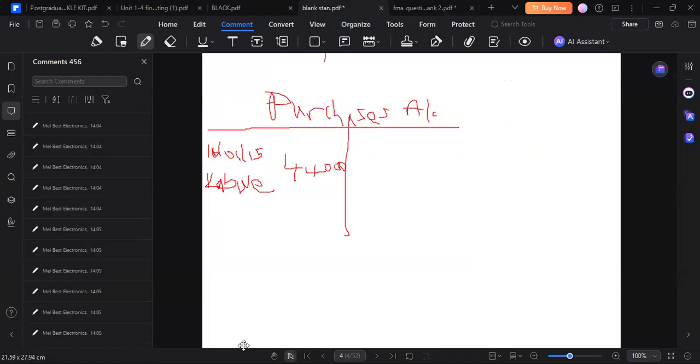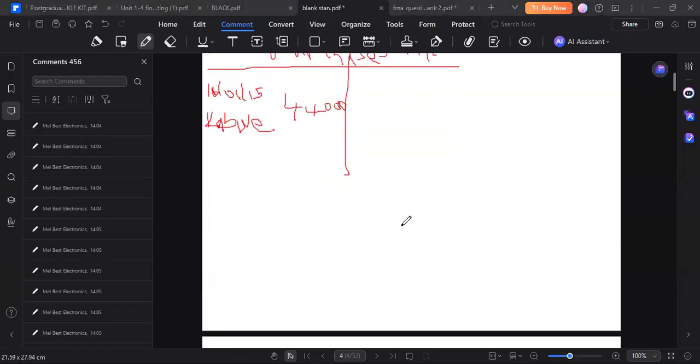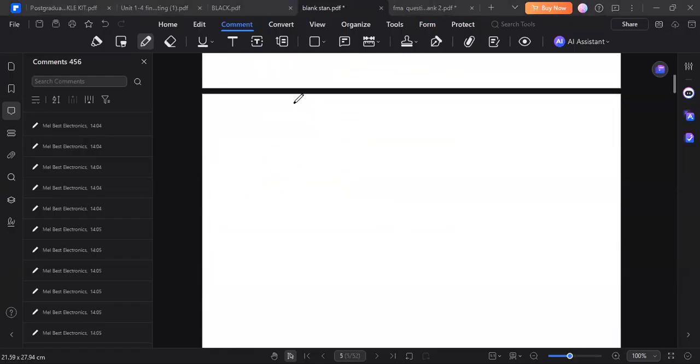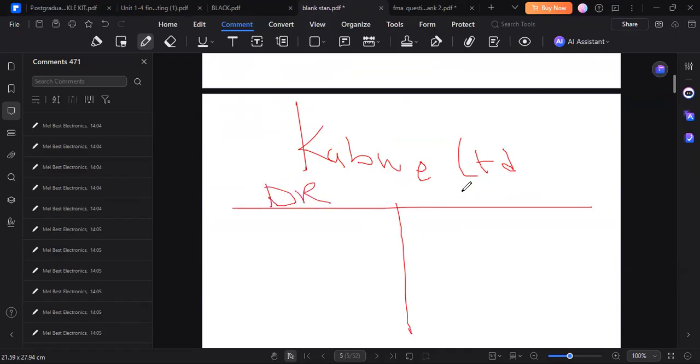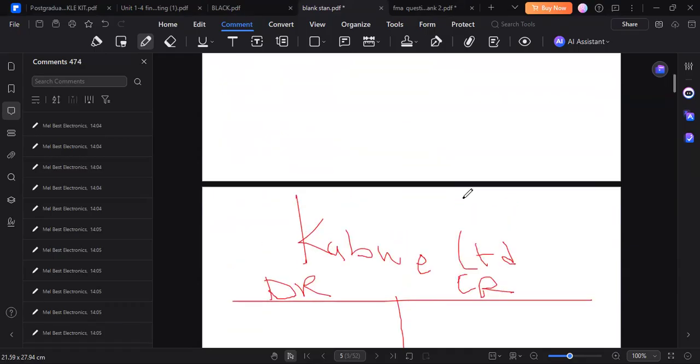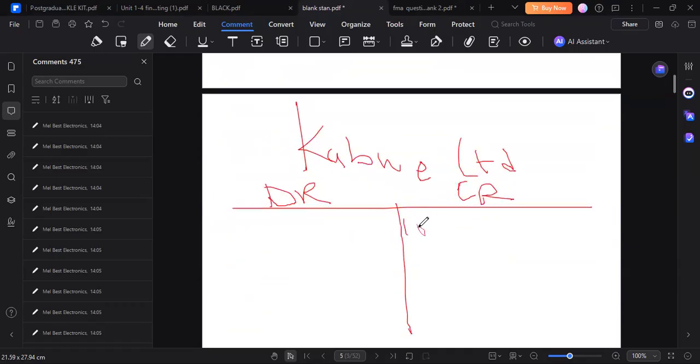Then you're going to open up an account called Cargo Limited account. T account on the debit and on the credit. This is on the 10th, 01/15.